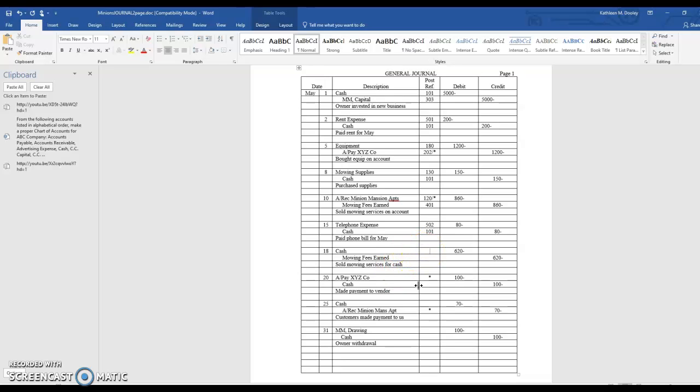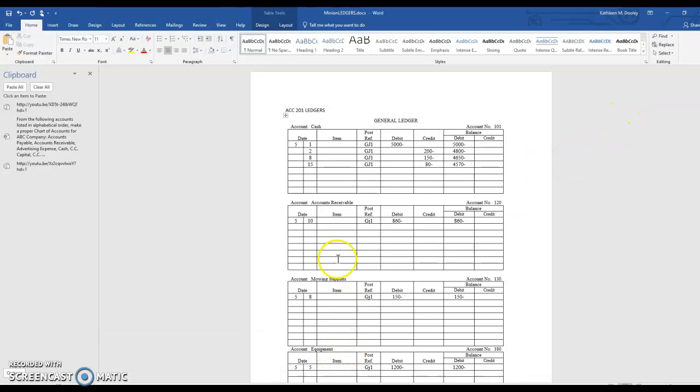Okay, here I'm debiting cash on the 18th for $620. Debit $620. So now I have a debit balance of $4,570 plus a debit. So I'm going to add the $620. And I now have $5,190 in my running total balance.